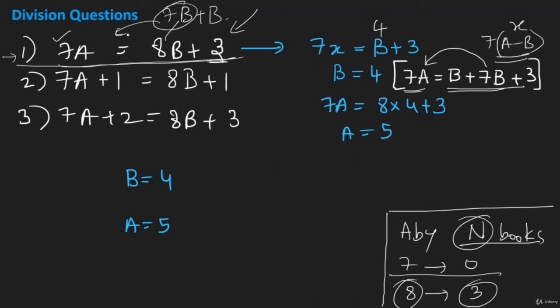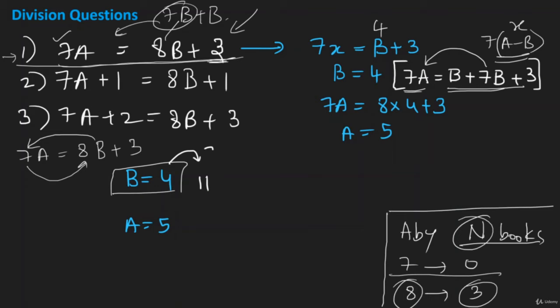Now over here you can see that the equation is 7a is equal to 8b plus 3. Answers of a will move in steps of 8 and answers of b will move in steps of 7. So the next solution that b can take would be 4 plus 7, which is 11.